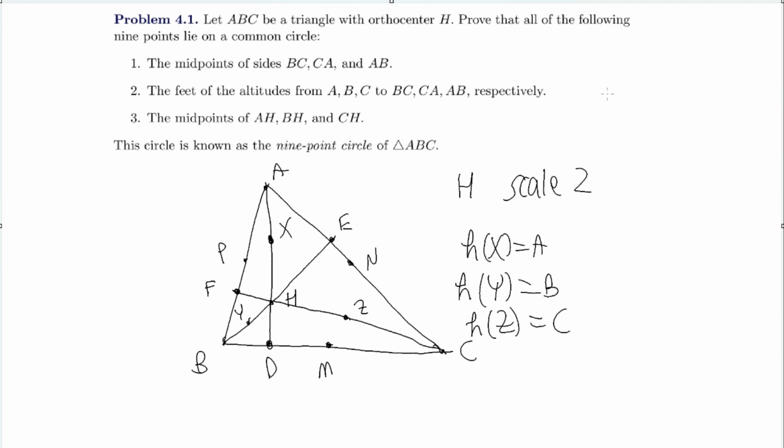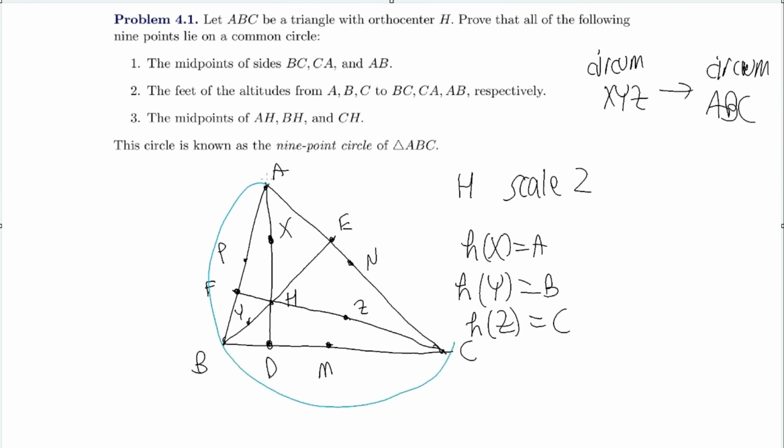So that means that the circumcircle of XYZ gets sent to the circumcircle of ABC. So that means that we want to end up drawing this big circle in. And if we can prove that all the other 6 points get mapped onto this circle by the homothety, then we are done.